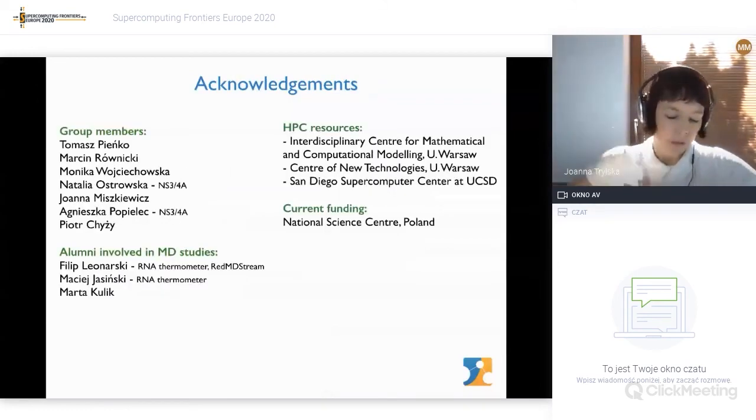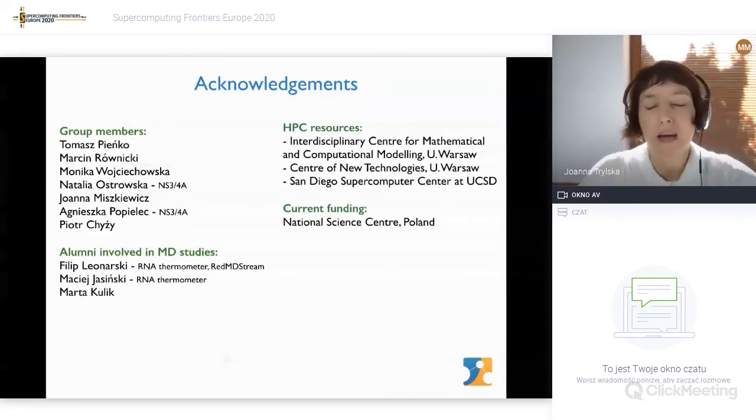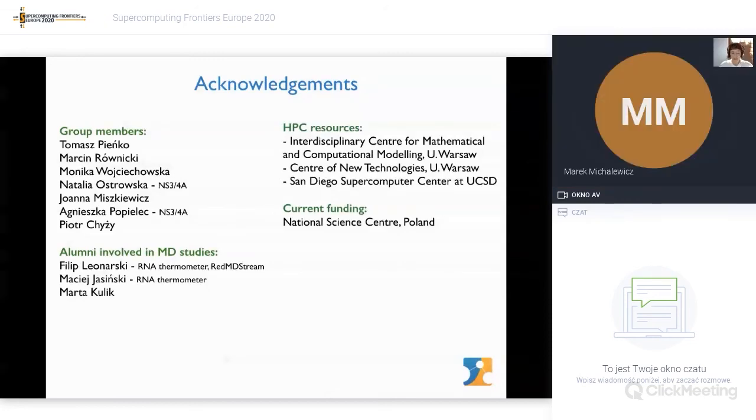So the take-home message is that the internal dynamics is crucial for the function of many molecules. Sometimes the temporal scale of this dynamics is quite large.